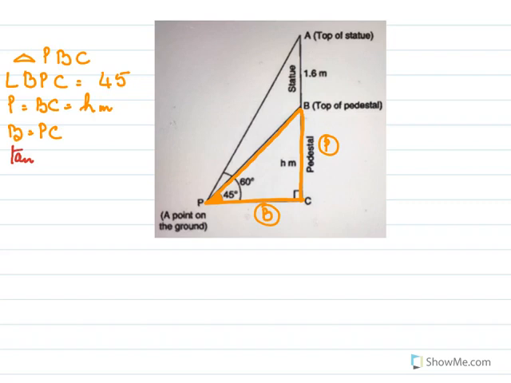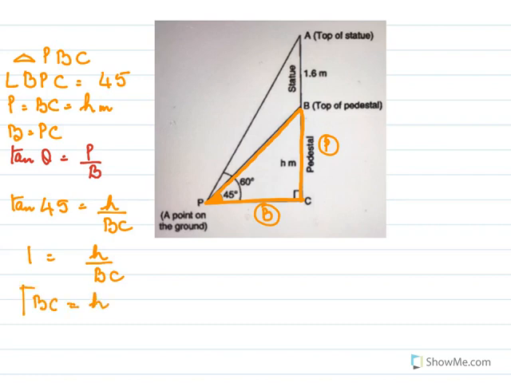Now perpendicular and base, we always use tan. Tan theta is perpendicular over base. So in this case we have tan 45. We saw the perpendicular is h, the base is BC. So we have 1 equal to h over BC. And I'm going to write BC is equal to h. Now why I did that I'll explain to you later.